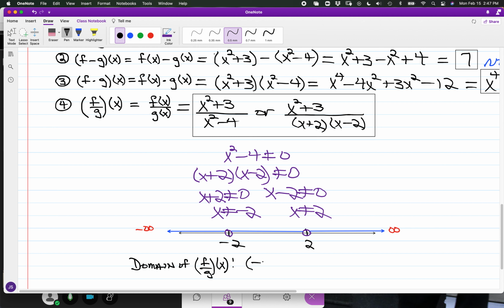In interval notation, we have parentheses around negative infinity and negative 2. Then for the next piece, we have parentheses around negative 2 and 2. And for the final stretch, parentheses around 2 and infinity. Again, this will be the domain of the quotient function.